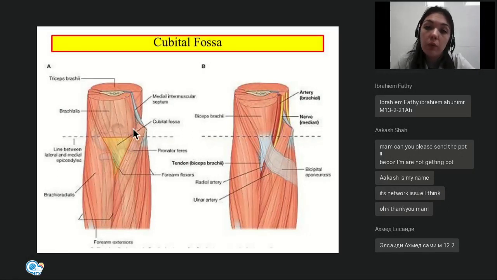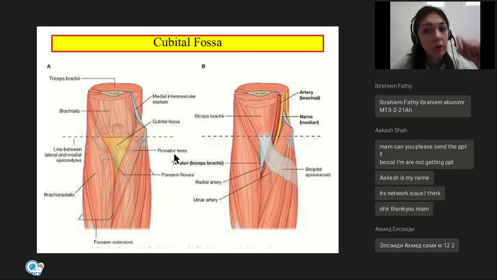Cubital fossa on the anterior surface, on the boundary between the upper arm and forearm, is bounded inferolaterally by brachioradialis muscle, and inferomedially by pronator teres muscle, and superiorly it is a line that passes between the lateral and medial epicondyles of the humerus. And here it is, this is the cubital fossa, and the floor of the cubital fossa is formed by brachialis muscle.